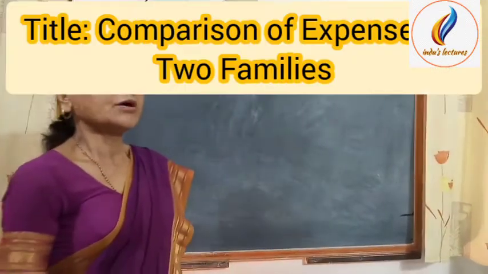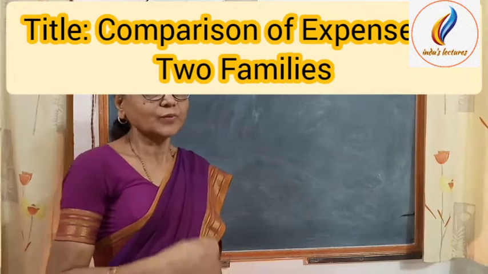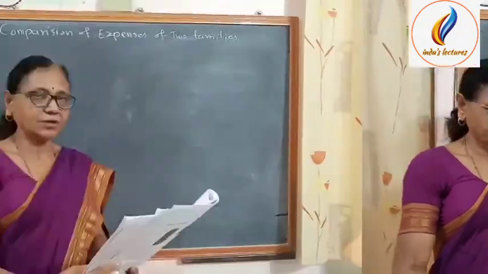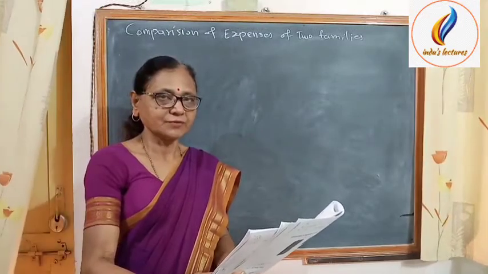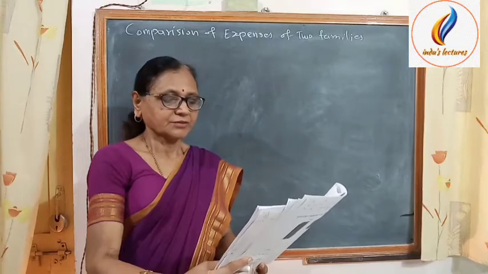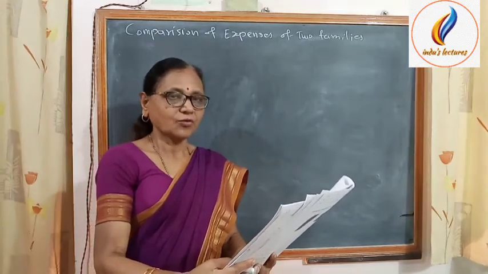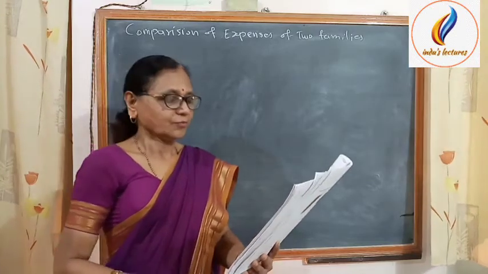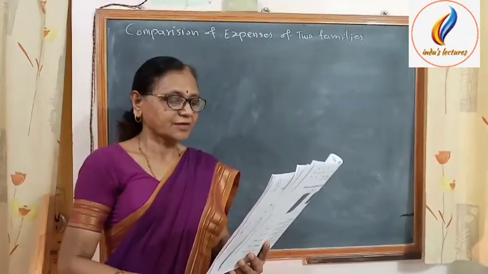Now we have to convert the data into percentages. Firstly, consider the data regarding the first family. The total expenses of the first family is 16,500. So compute the percentage of each item. That means the expenses for grocery are 5,000.